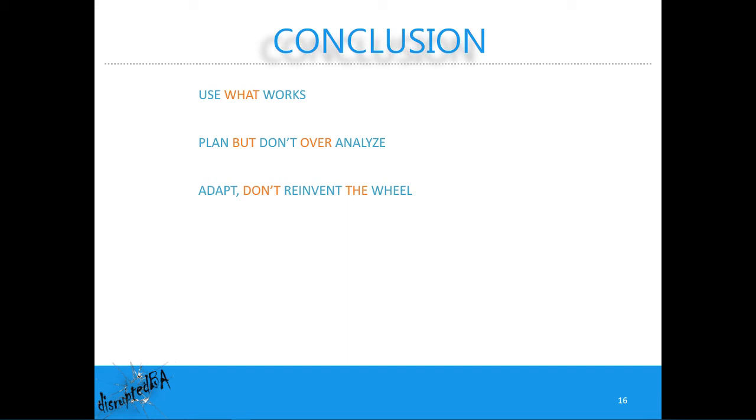This goes very closely with use what works. If you have something that you can use, adapt it and use it. Don't think that you cannot use it because it doesn't fit in with this methodology or this framework, or things like that. Don't keep on reinventing the wheel. Use what works, adapt what you already have, and move forward.